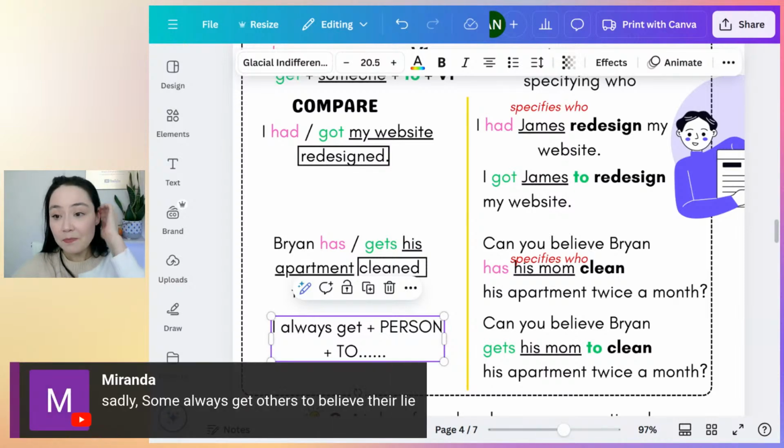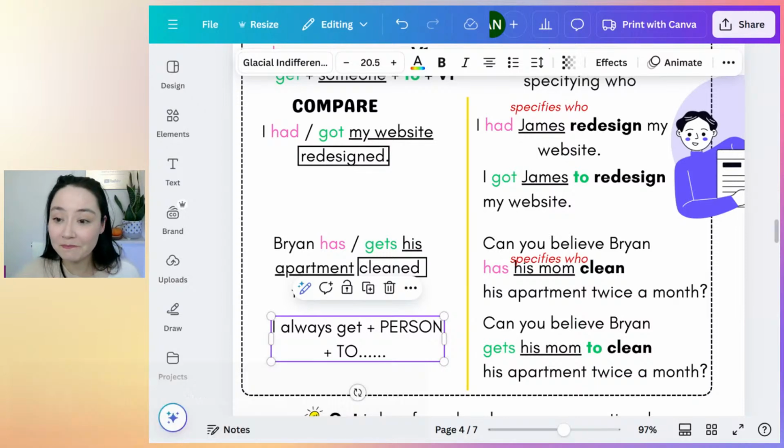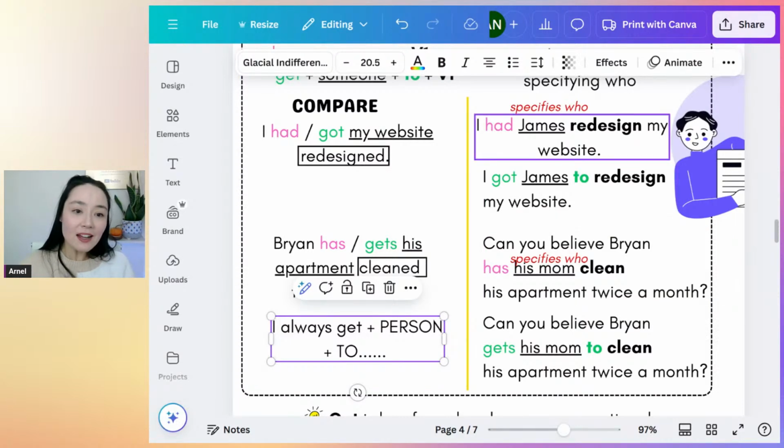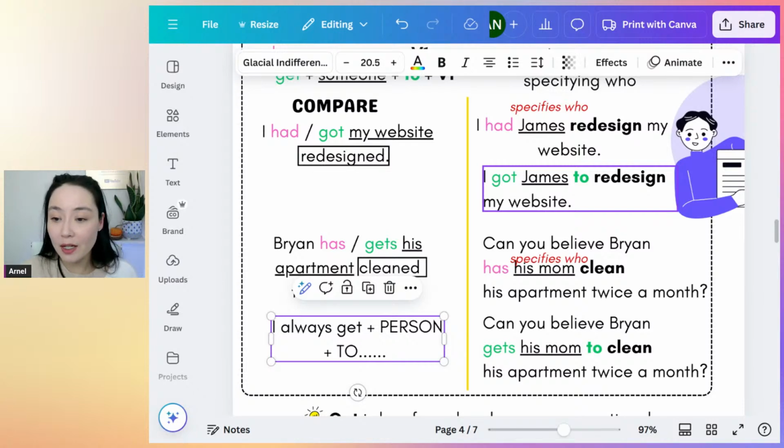Miranda, sadly, some always get others to believe their lies. Yeah, that can happen. Nice. Okay. So, have, get, someone, verb 1 or 2 plus verb number 1. I really like your example sentences. Good.